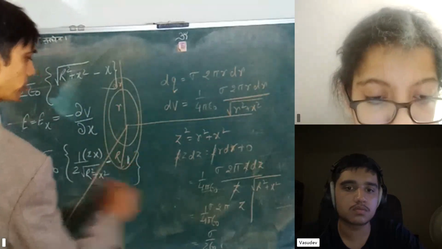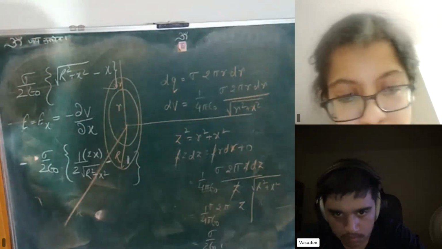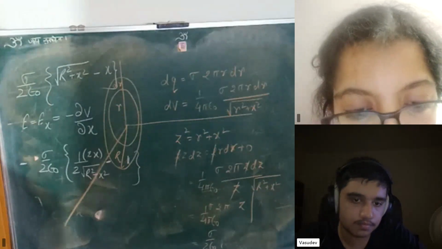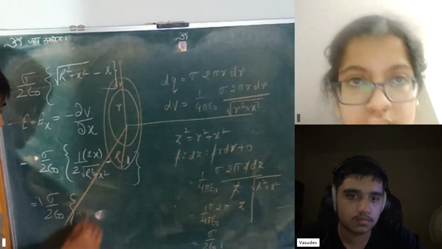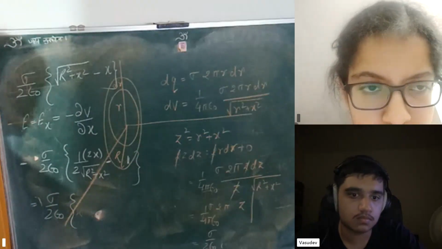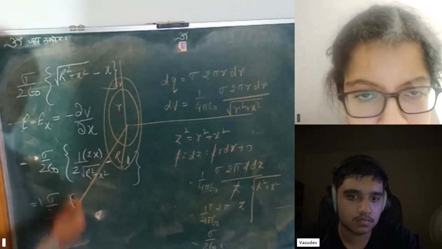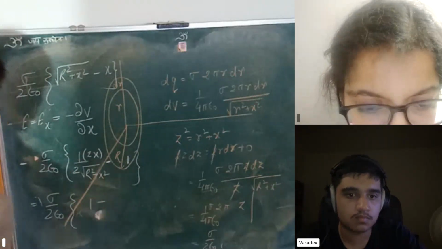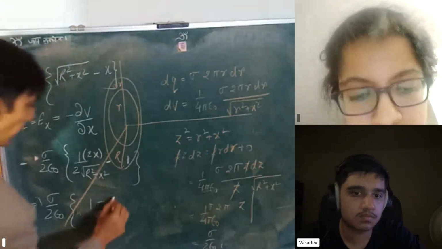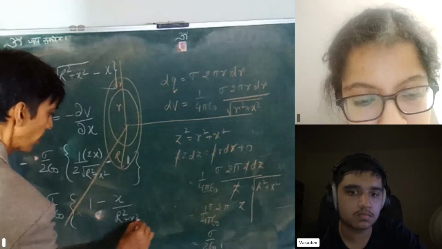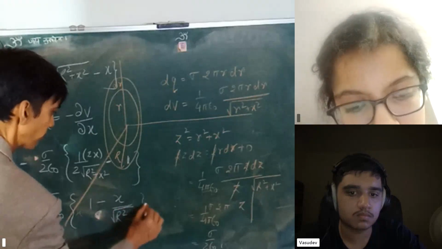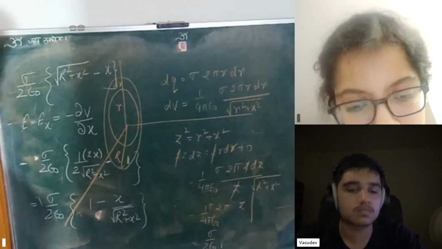So sigma divided by twice epsilon naught, bracket open, 1 minus x divided by the square root of R square plus x square.